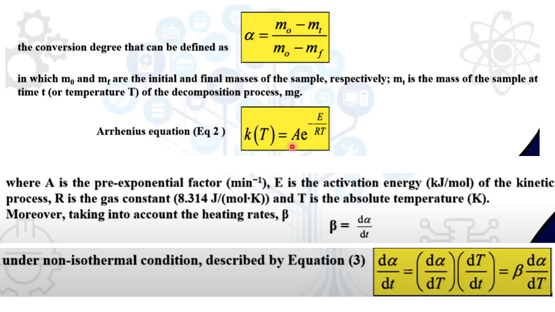By the Arrhenius equation, k(T) equals A e to the power minus E, that is activation energy, divided by the universal gas constant times temperature. Under non-isothermal condition, the equation is dα/dt equal to dα/dT times dT/dt, that is temperature versus time, which equals beta times dα/dT.